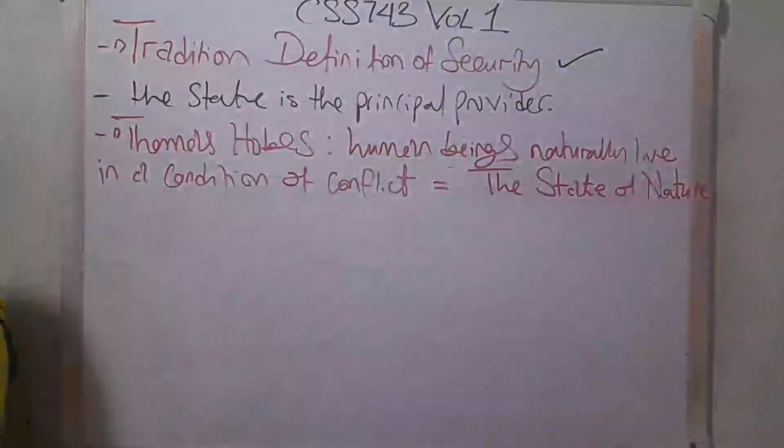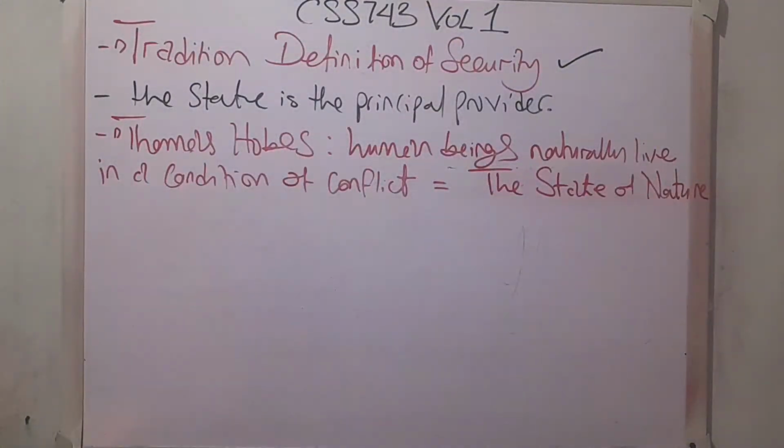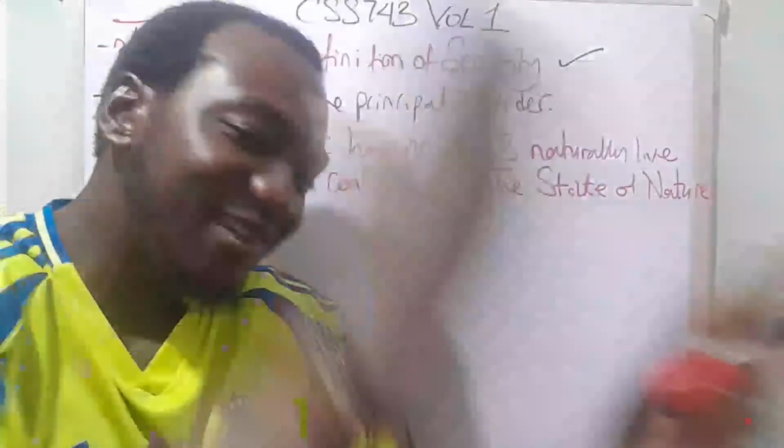Now, according to Hobbes, life without government is chaotic. So people have to surrender some of their freedom to the government through what we refer to as the social contract. In return, the government provides law, order, and security. Therefore, the state's major responsibility is to maintain peace through effective security management.